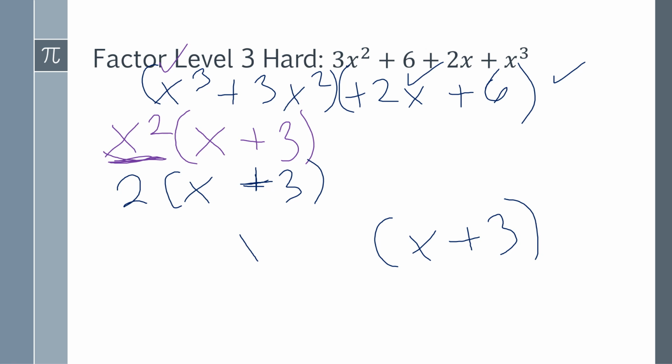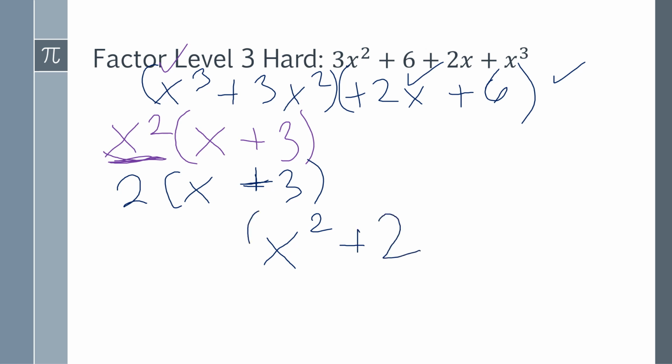It's going to be x squared plus 2. That is your final answer. But let me rewrite, because I want to make sure that it looks neat enough. I mean, I know I'm dealing with a wonky pen, but that's no excuse for illegible handwriting.